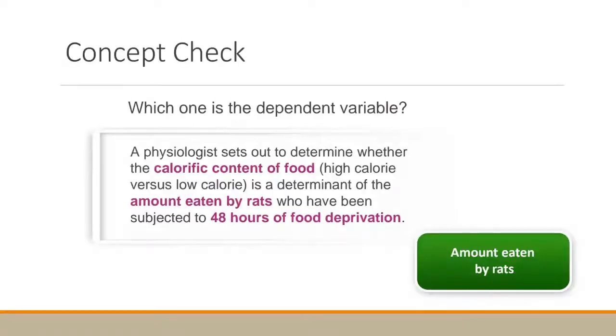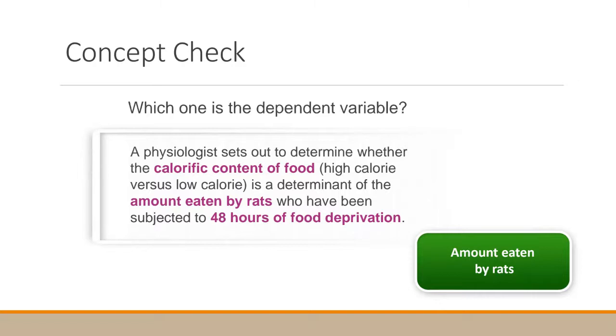If we look at this little concept check, which one in the statement is the dependent variable? Remember, the dependent variable will be dependent on what's happening with the independent variable. A physiologist sets out to determine whether the calorific content of food, whether it's high or low calorie, is a determinant of the amount eaten by rats who've been subject to food deprivation for 48 hours.